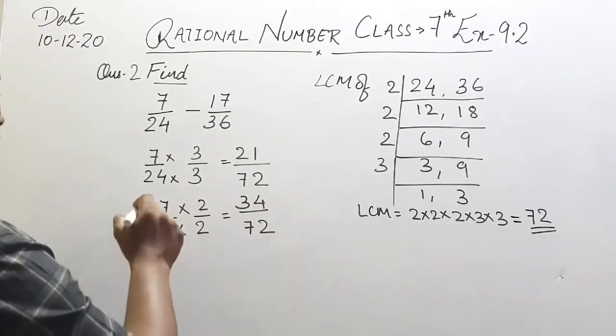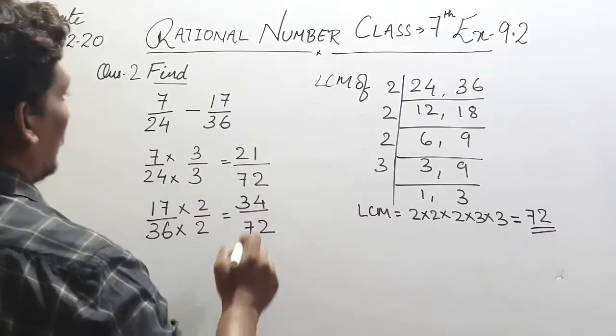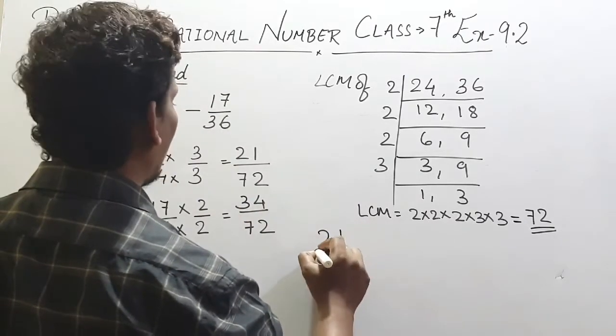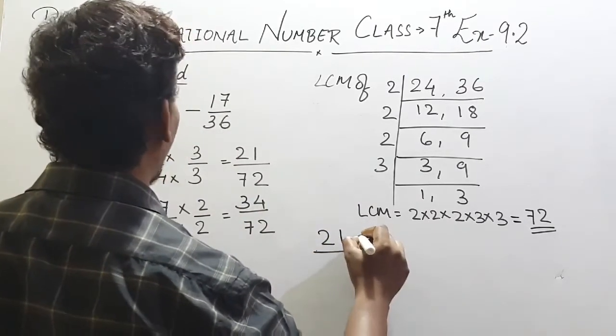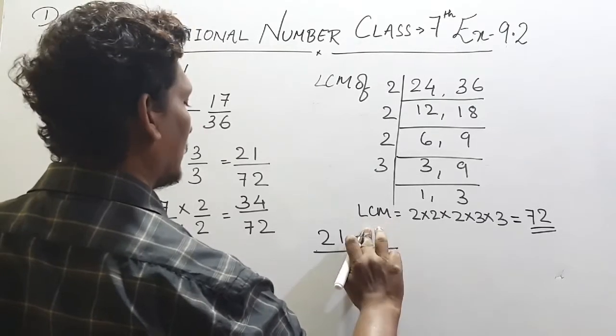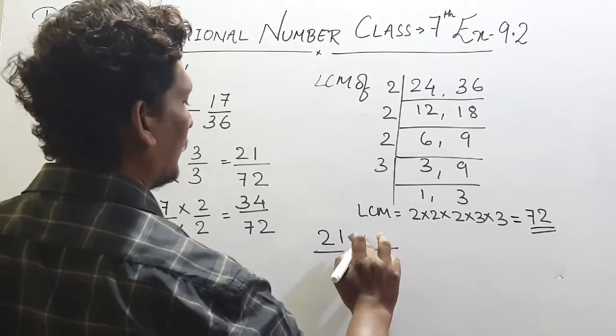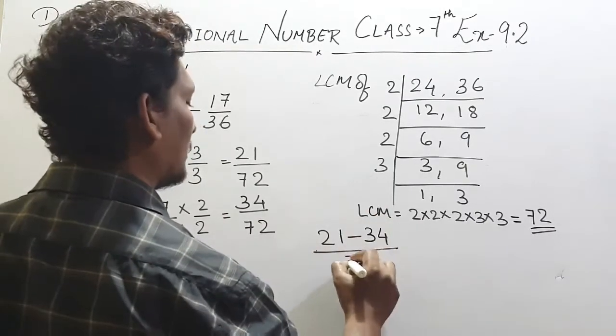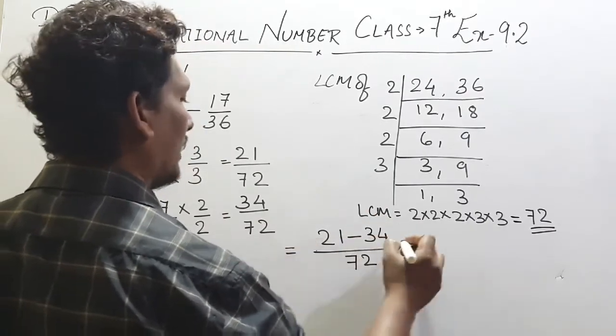So according to the question, 21 minus 34 upon 72, right?